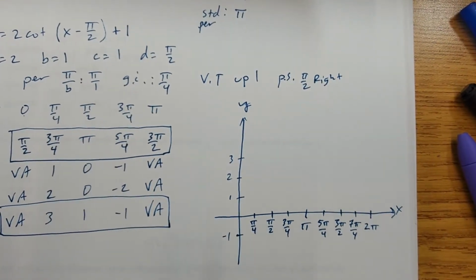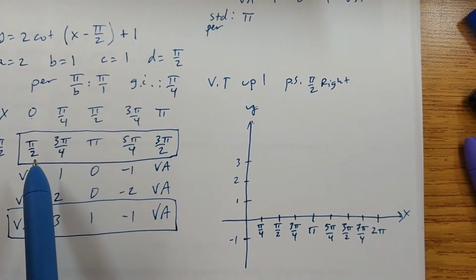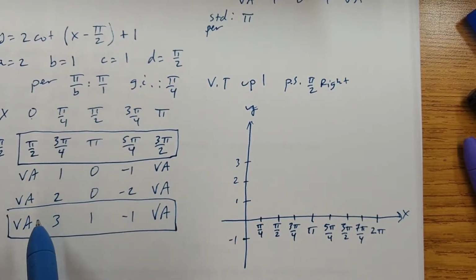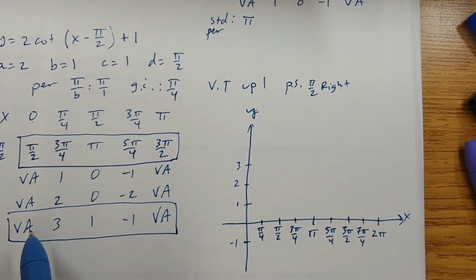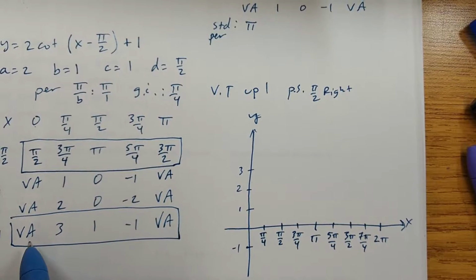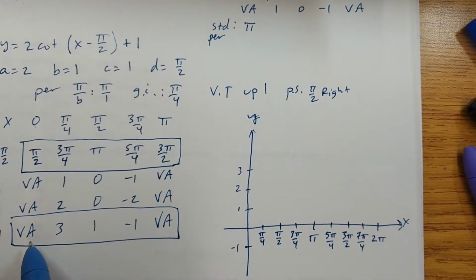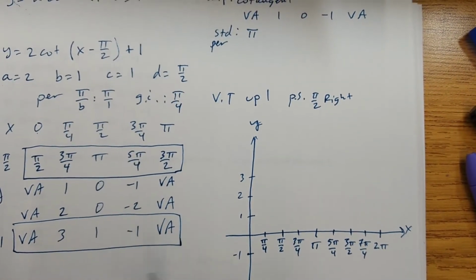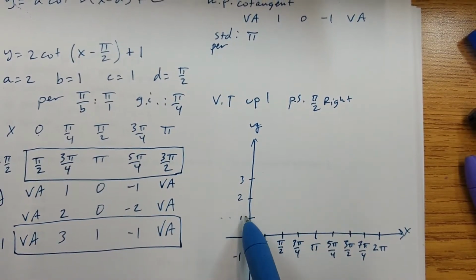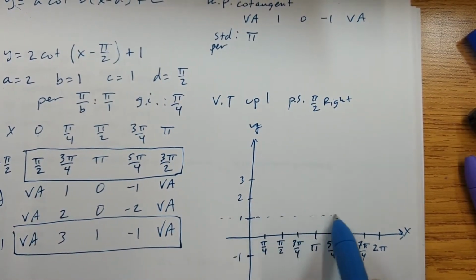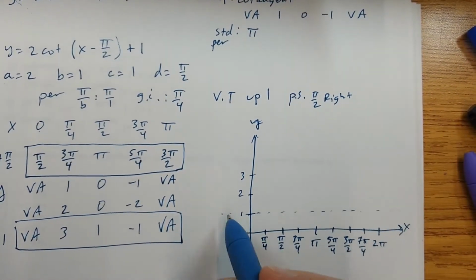And now we're just going to take the values from our table and put these on our graph. Notice that our x-axis translates up 1 unit, so if you're a person that draws in the translated x-axis, that would go here.